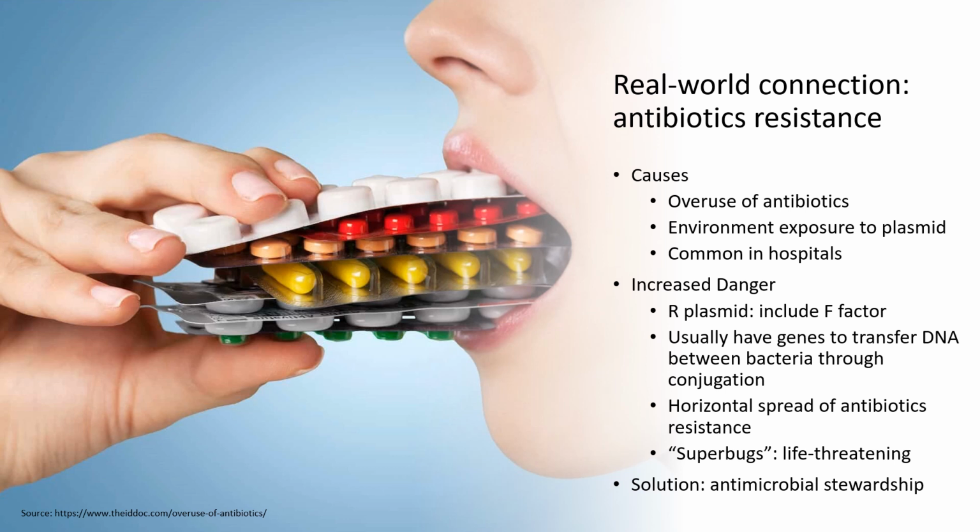As time passes by, some bacteria have developed resistance to several antibiotics and become superbugs, which are very dangerous and life-threatening. To avoid the spread of antibiotic resistance and preserve the effectiveness of newly developed antibiotics, antimicrobial stewardship is launched to monitor the use of antibiotics in healthcare and agriculture, preventing its overuse.